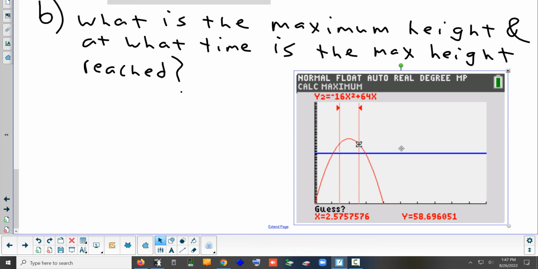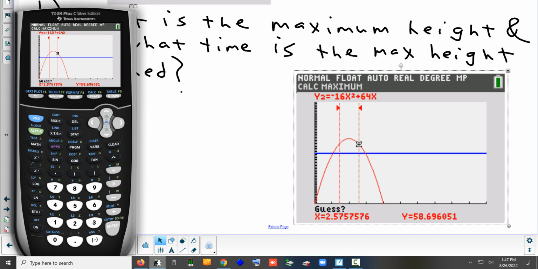You've told the calculator to look between those two dotted lines to try and find the maximum. The last thing we have to do is a guess, which isn't really important because there's only one maximum in there. If there was more than one, then it would find the one it's closest to. But there's only one.